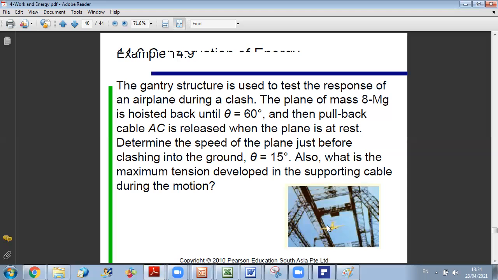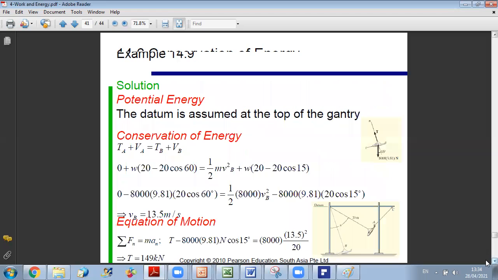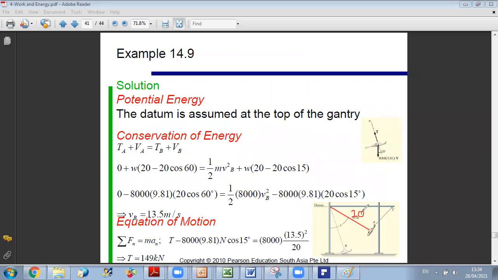Let's take the figure a bit clearer from here. The story is that we are testing the crash of an airplane. So this is the setup. You have a cable. The length of the cable is 20 meters. Initially, your airplane was held by cable AC.